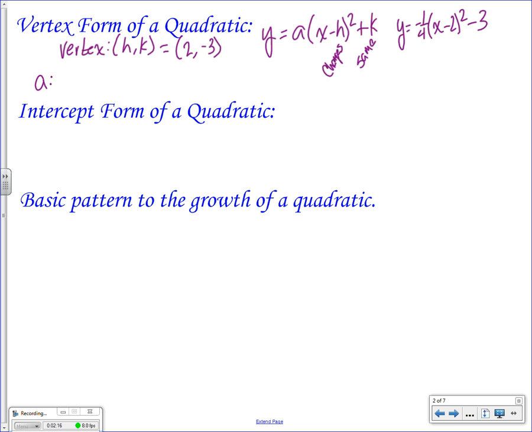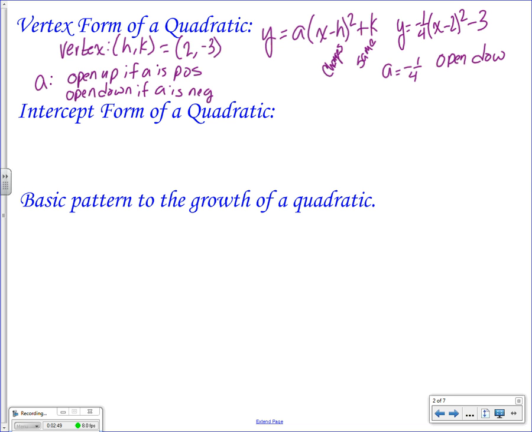A tells us whether it opens up or down. So it opens up if a is positive, and it opens down if a is negative. Here it's -1/4, so it's going to open down.